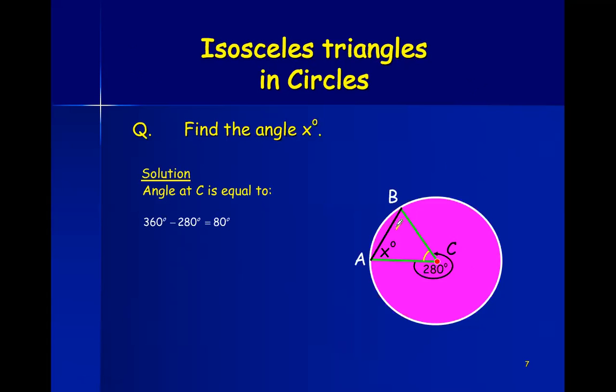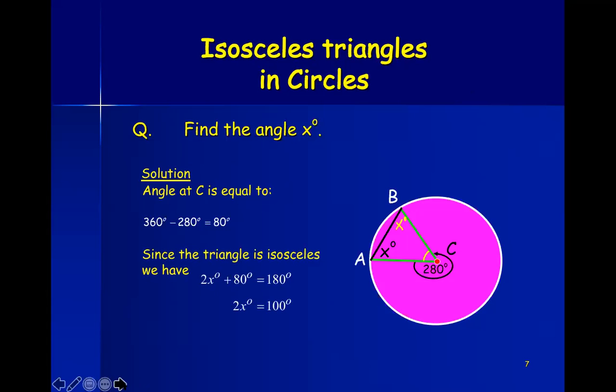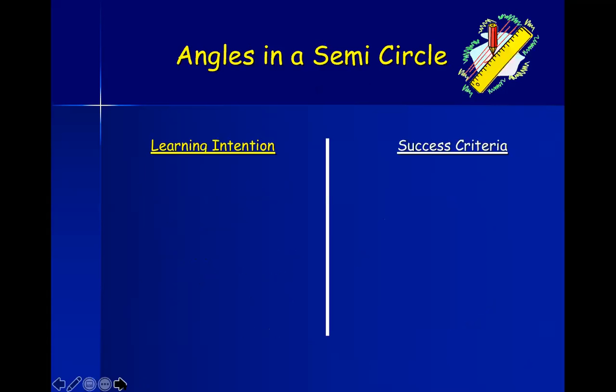So you would just say 2x plus 80 equals 180. You take away 80 on each side, 2x equals 100, or x equals 50. So that was an example where we've used the property of an isosceles triangle. And as you can see, it's built inside a circle, very common in Nat5 type questions when you get angles.